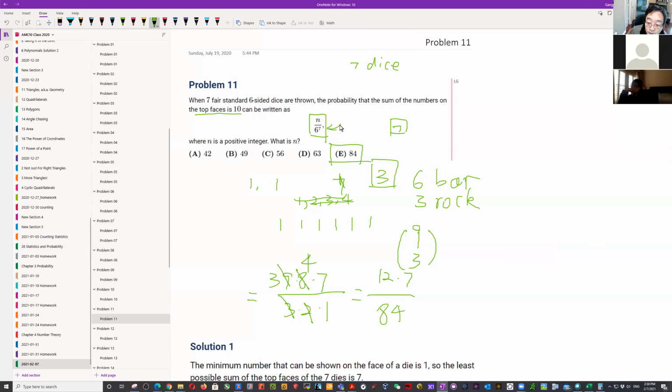So the total number of outcomes is very easy: it's just 6 to the 7th. What's the probability that the sum of the numbers on the top faces is 10? The sum of the faces on all the 7 dice is at least 1.